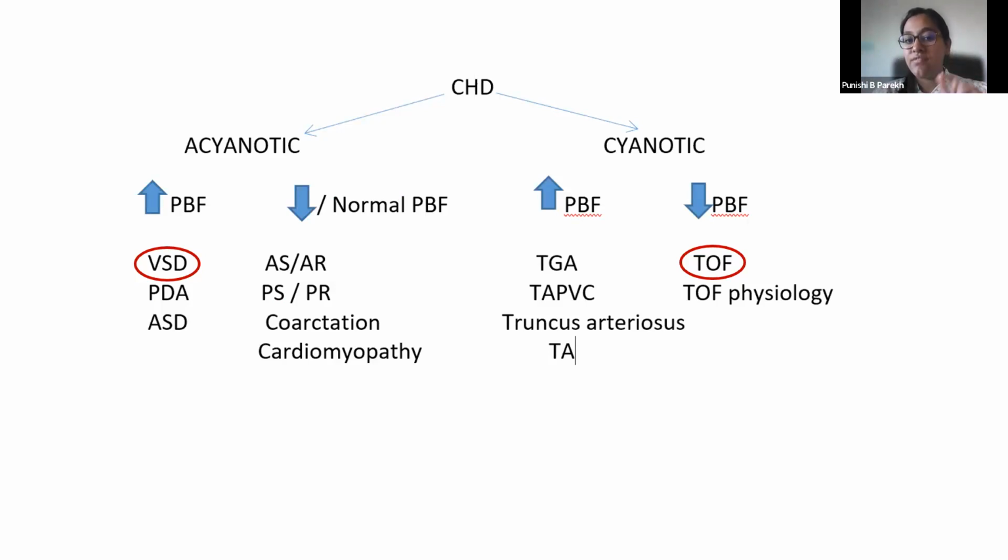But if you have a cyanotic heart disease with increased pulmonary blood flow, probably a TGA or a TAPVC or truncus, then you can have these symptoms of suck cycle and forehead sweating along with cyanosis. So it's not that you will not see these signs in a cyanotic heart disease, just that you will see them under the category of cyanotic with increased pulmonary blood flow, and you will not see this in TOF.